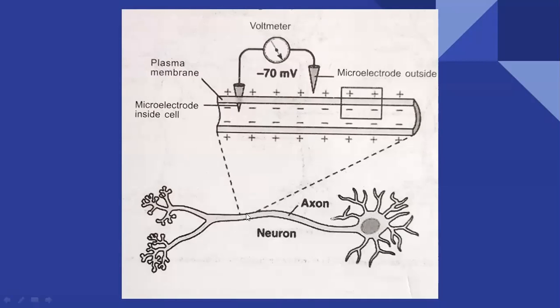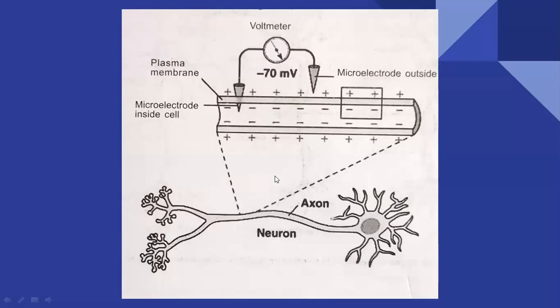But when the neuron is working, the minus 70 millivolts of potential is upgraded to plus 30 millivolts. This upgradation in potential is called action potential, because this upgraded potential is generated when the neurons are in action. That's why it is called action potential.